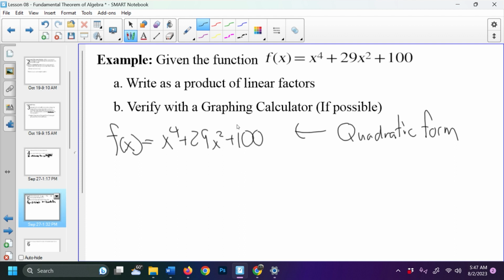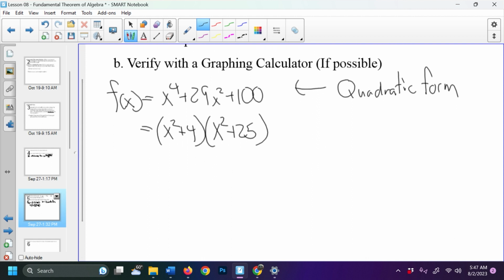And I ask myself, what are two factors of 100 that add up to 29? Well, that's not too difficult. 25 times 4 is 100, and 25 plus 4 is 29. So this becomes the factorization x squared plus 4 and x squared plus 25.